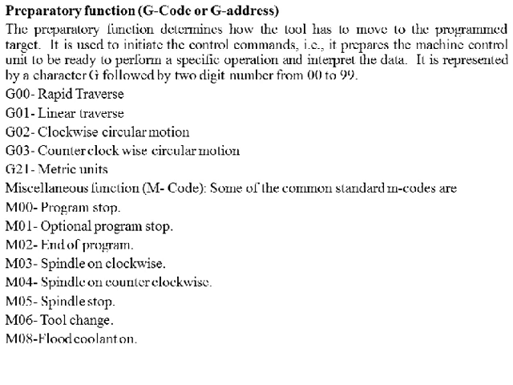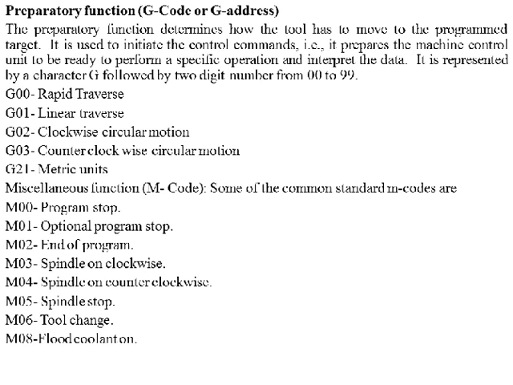This machine control unit must be ready to perform a specific operation and interpret the data, that is, interpret that this is the particular operation that has to be done. For this, the G codes are represented by a 2-digit number from 00 to 99. So it is represented by the character G followed by a 2-digit number between 00 and 99.